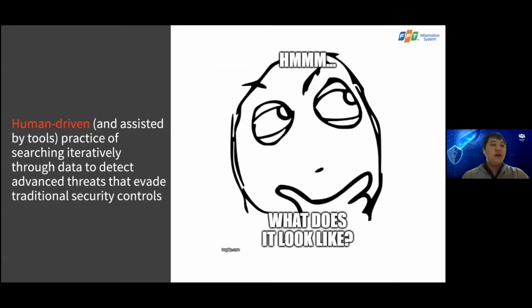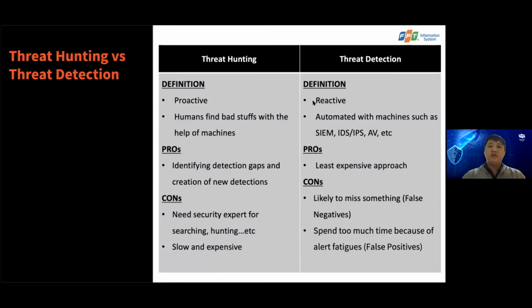I think everyone in this meeting knows about threat hunting. It's human driven with the support of technology to find the bad things happening in your organization. So what is the difference between threat detection and threat hunting? What is the main difference? Let's take a look at threat detection. People may know threat detection as a reactive approach.